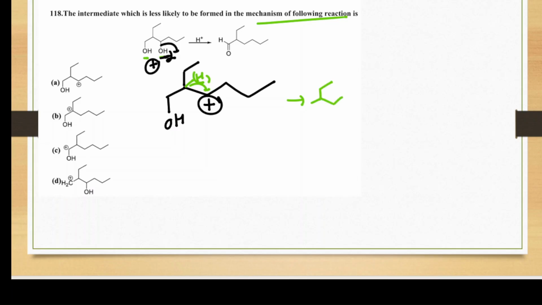Right, so this species is present, here is this OH group and the positive charge is coming on this carbon center. Again we can do the 1-2 rearrangement because the oxygen that is present can apply the plus M effect over here. So you can do the 1-2 shifting again.